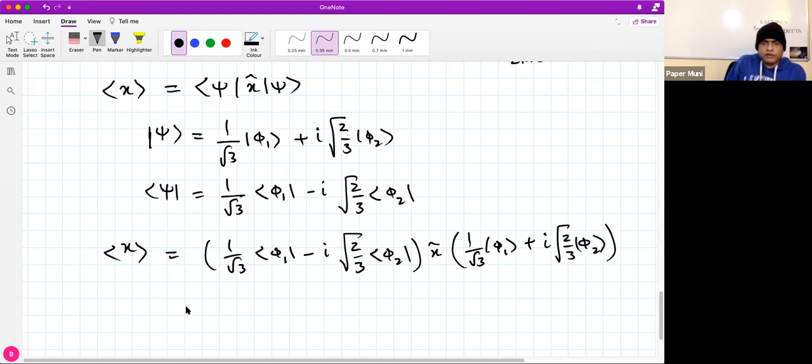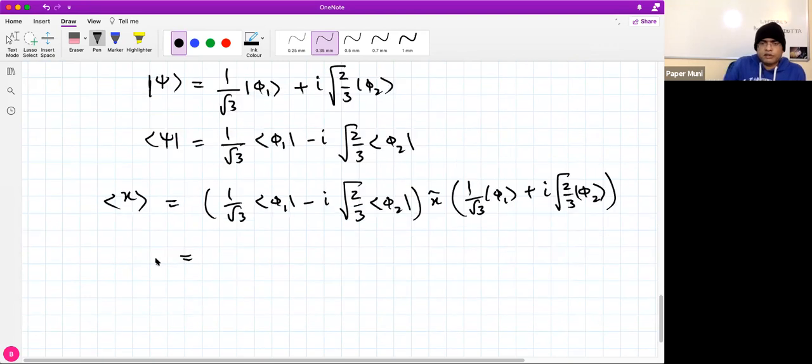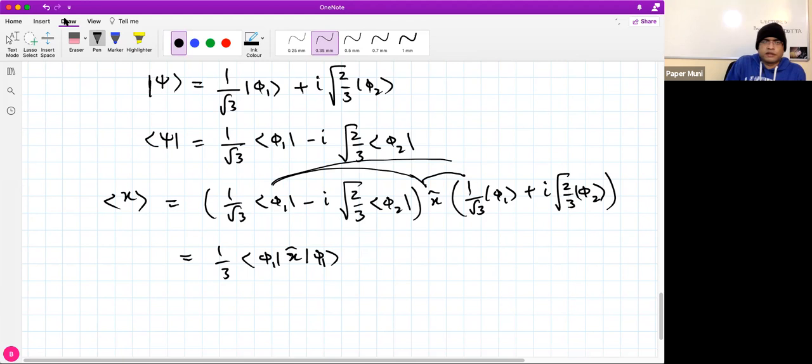So if you club the terms together, what will you see? So this is 1 by 3, this is phi 1 x phi 1. And then the next term: I'm taking this along with this, and then we are taking the next term like that.